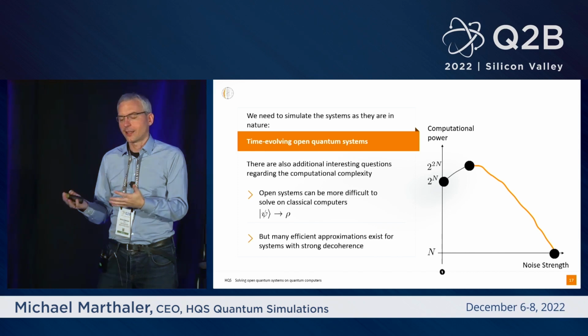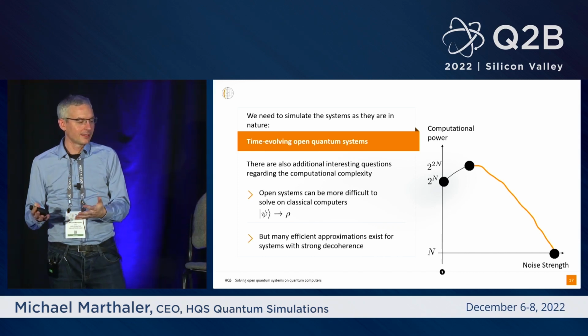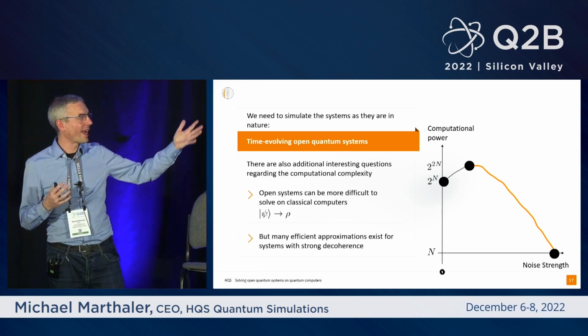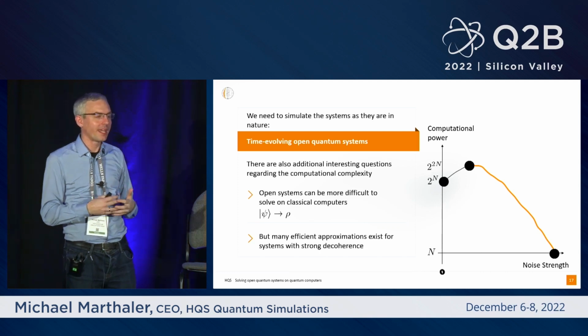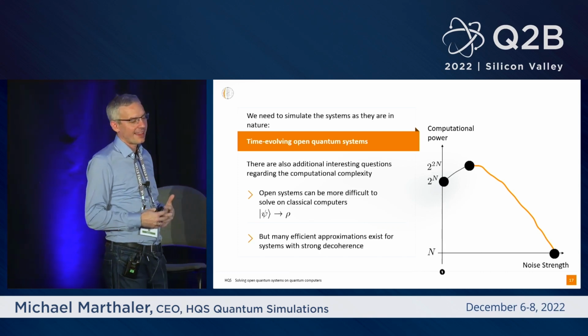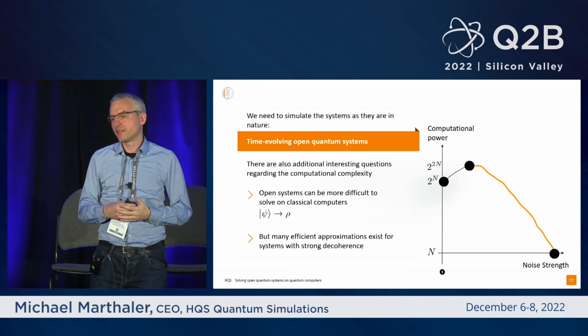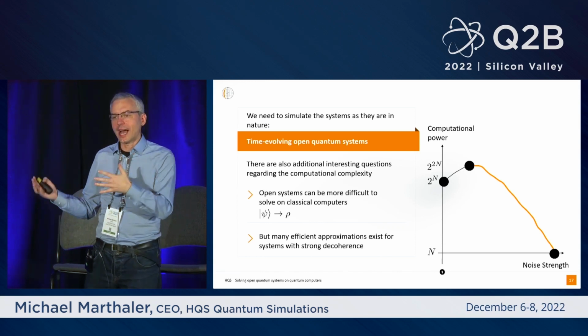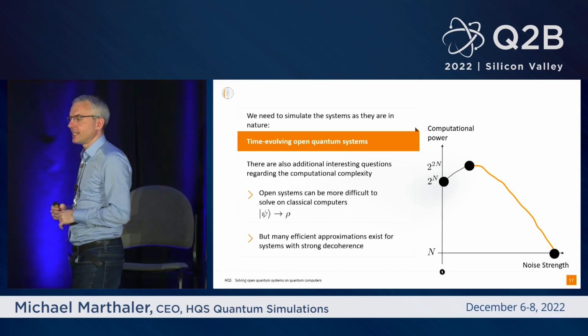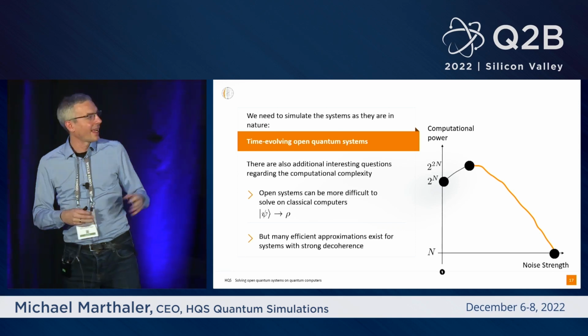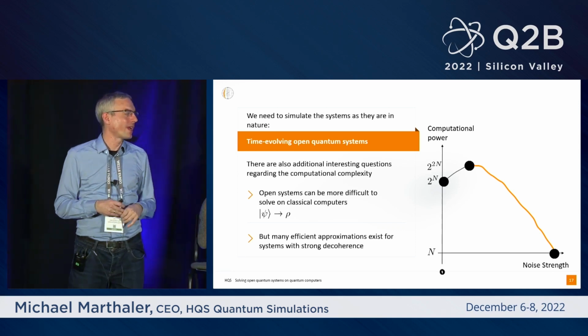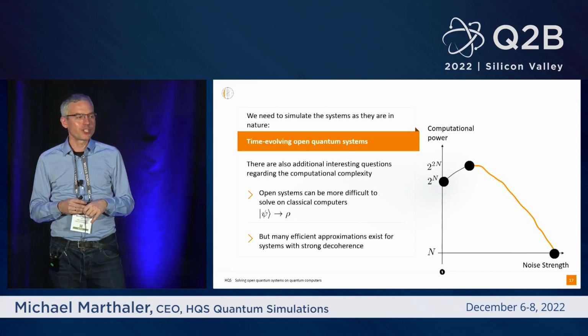It's like 30 spins. 2 to the 2n is 2 to the 60. That would be clearly in a quantum advantage regime, halving roughly the number of qubits you would need to achieve quantum advantage. And this is actually what we are aiming for in the near future.